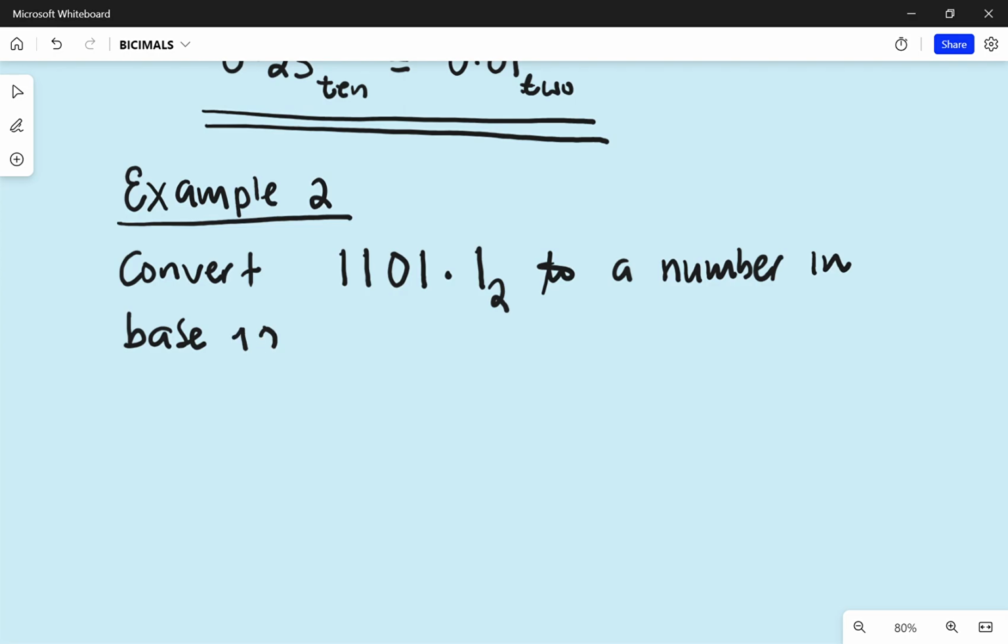This is common at grade 9 and it always comes in your paper 1 section B.